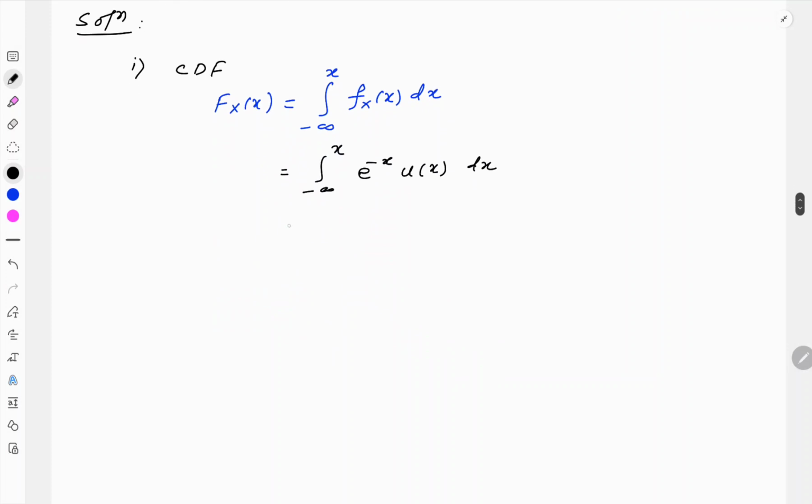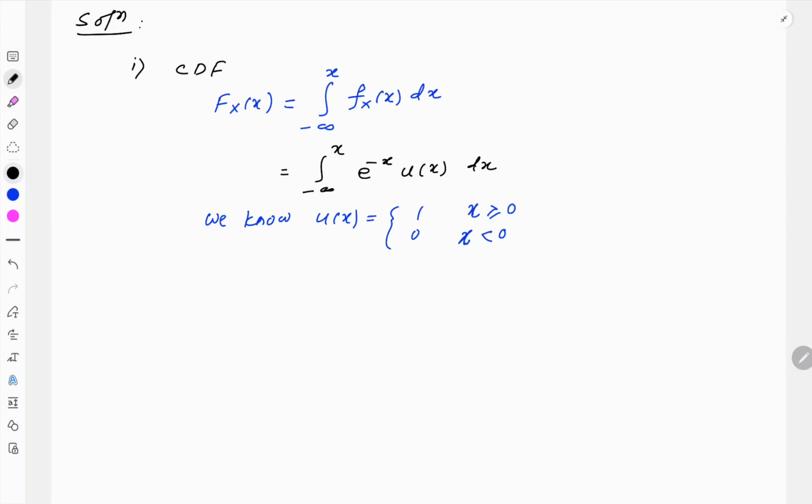If we simplify it further, we know that u of x is equal to 1 for x greater than or equal to 0 and 0 for x less than 0.